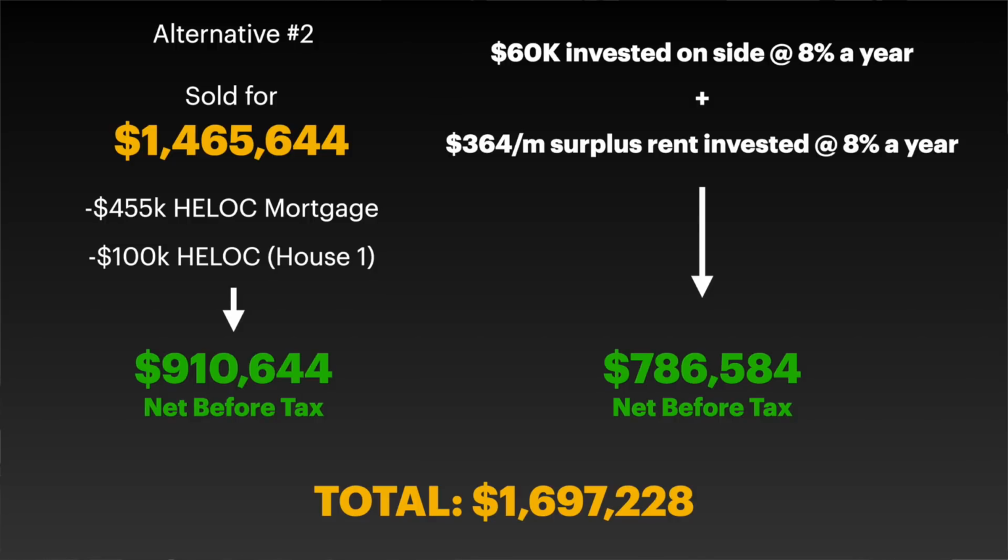You can't just let it sit in a savings account or just spend it. If you're just going to do something like that, I would not recommend going for alternative 1 or 2, because if you don't have that discipline to stay invested, you will be left with less overall cash, and that could affect your retirement. So you need to keep that in mind. Ask yourself, do you have the discipline to invest on the side to generate more return?